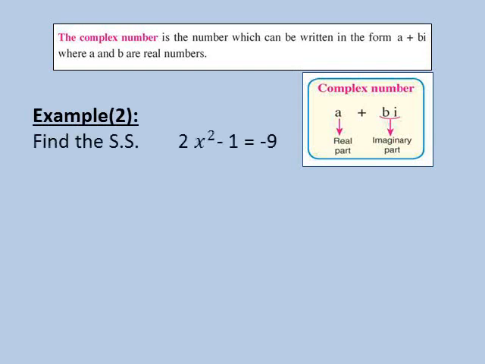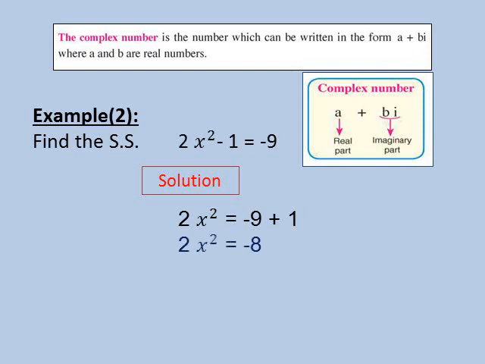For example, solve the quadratic equation 2x power 2 minus 1 equals negative 9. It's so easy. Negative 1 on the other side will be positive 1. 2x power 2 equals negative 8.